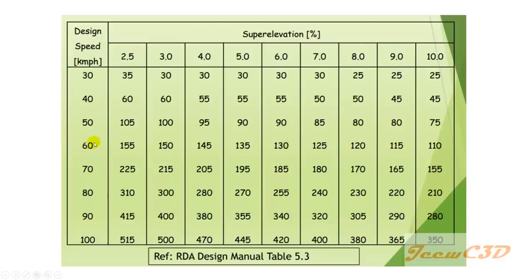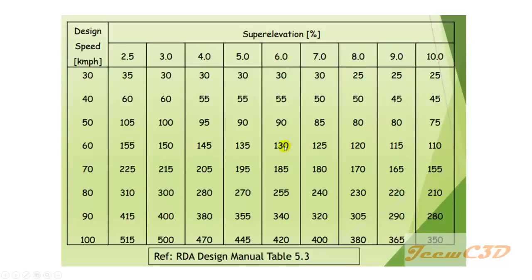60 kilometers per hour up to 6% super elevation. So you have to use a minimum radius of 130 and more than that to design your road. If you use a 130 radius at that curve, your super elevation would be 6%.